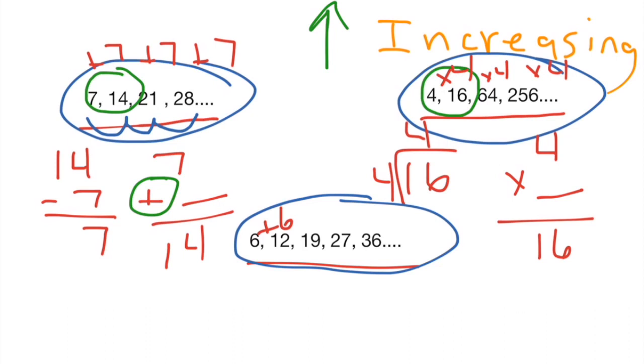So if you look down here, to get from 12 to 19, you actually add 7. And to get from 19 to 27, you actually add 8. And to get from 27 to 36, you actually add 9. So the pattern here is adding one more number each time. So plus 6, plus 7, plus 8, plus 9. So that is a little bit different type of pattern because we're not just adding the same thing every time.